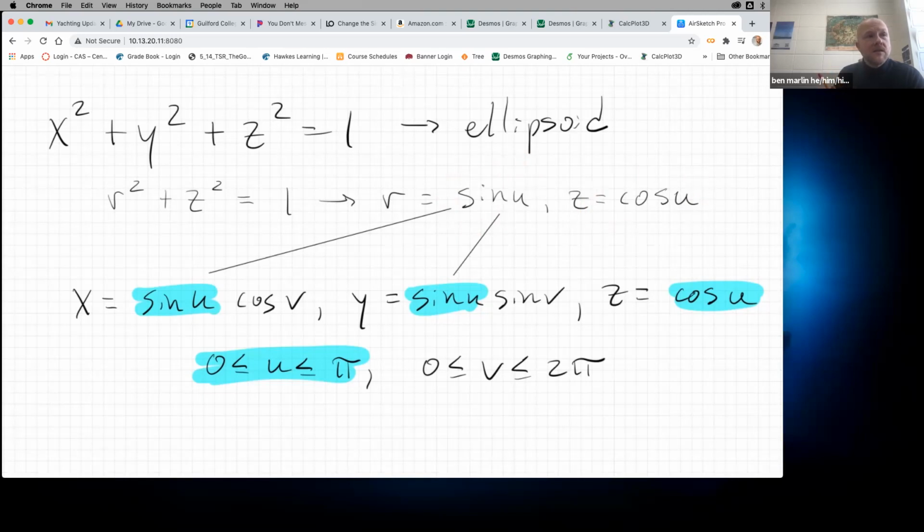The thing is, we're going to use this range from 0 to pi here for our sines. Because we let sine go from 0 to pi, let u go from 0 to pi, the sines will go from 0 to 1, while the cosine is going from minus 1 to 1.